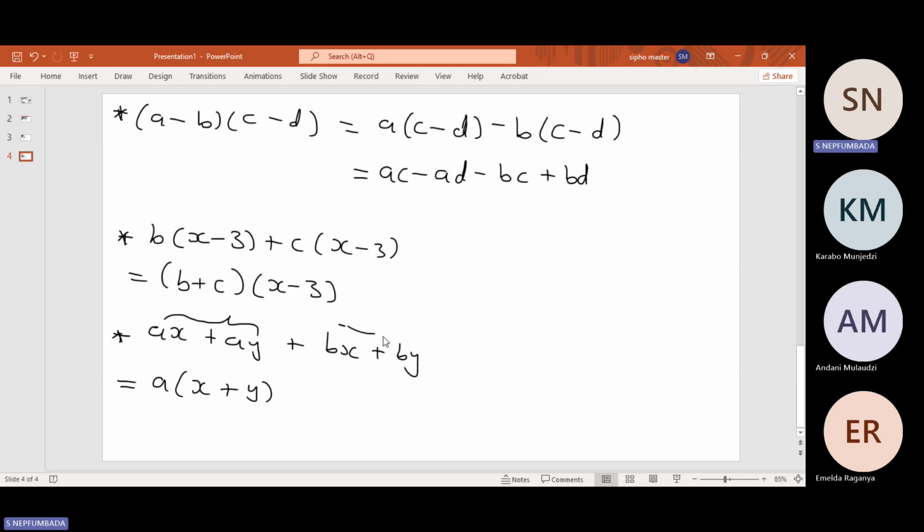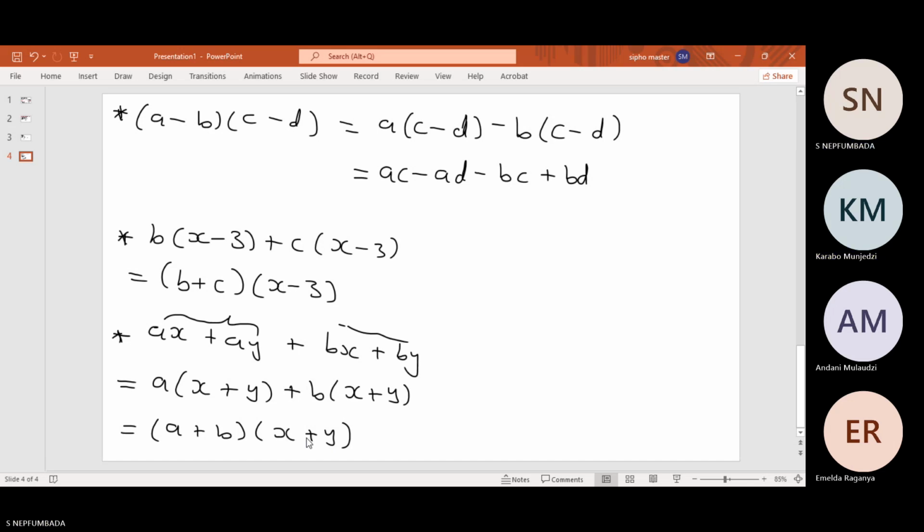On the last two, we take a common factor of b, and we're left with x plus y. Then we apply that rule. We have the same bracket, so we group the coefficients in the one bracket. Are we good? Yes.